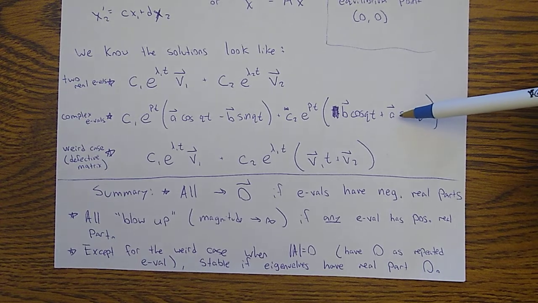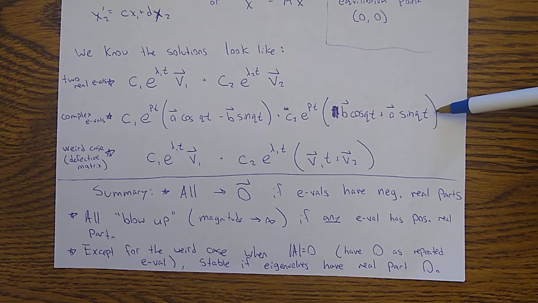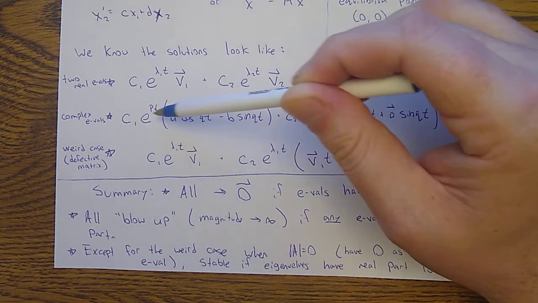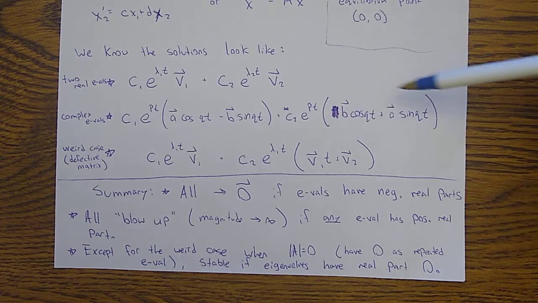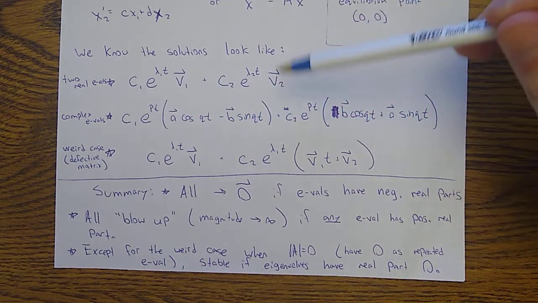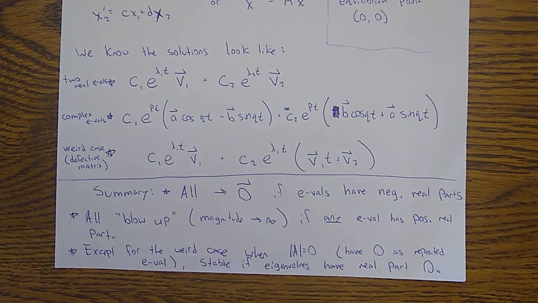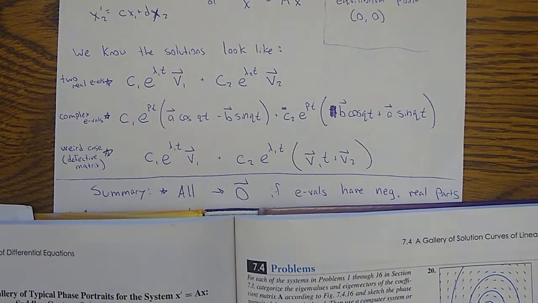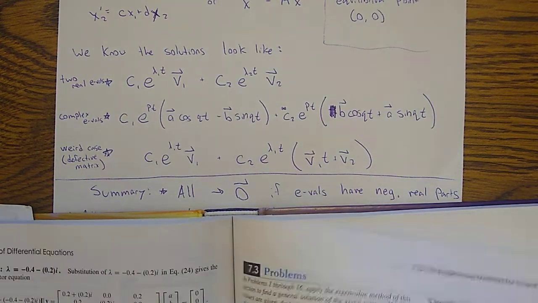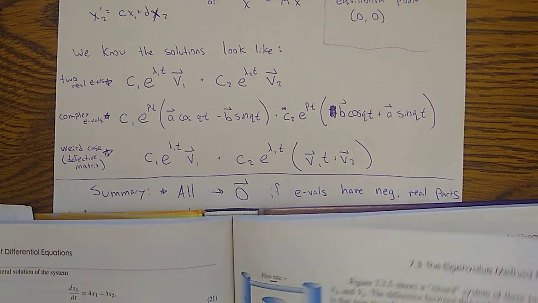We also talked about what you do with complex eigenvalues, and if you are maybe not remembering this that well, this is from 7.3. This is just a formula. This is the case where, actually, let me find it so I can show you.